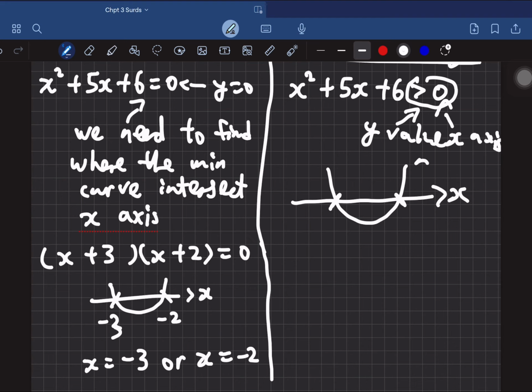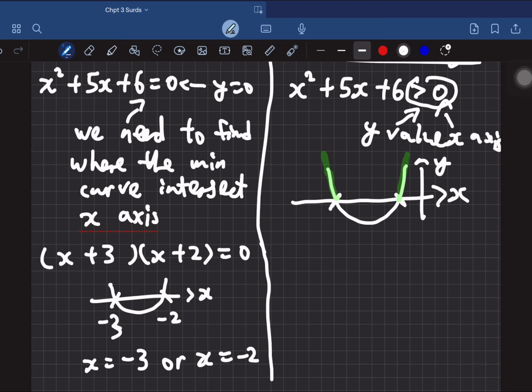So if I add the y-axis, where is the part whereby the curve has a y value more than 0? It's over here and here. That's why when we solve quadratic inequality, we must always sketch this curve to illustrate to the marker and to visualize yourself, as the person doing this question, where the answer you need is.